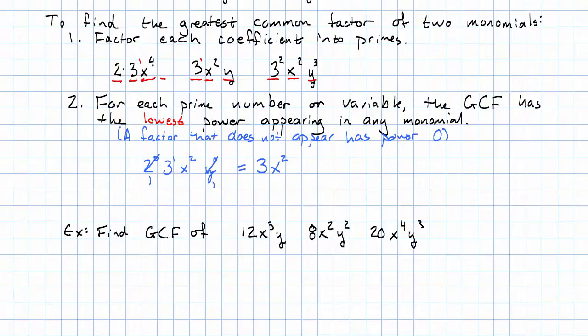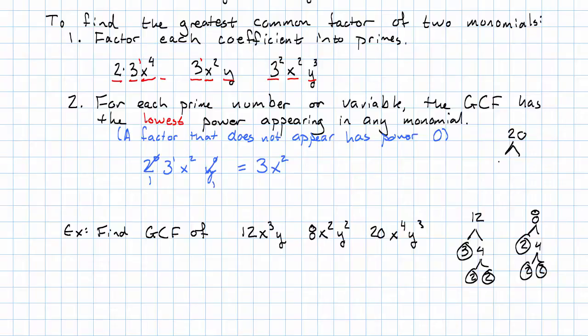Our first move is going to be to factor the numbers. 12, that's 3 times 4. 4 is 2 times 2. 8, that's 2 times 4. And 4 is 2 times 2. And 20. That's 4 times 5. 4 is 2 times 2.